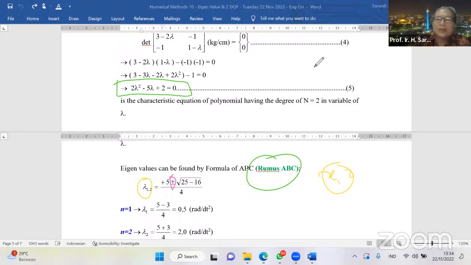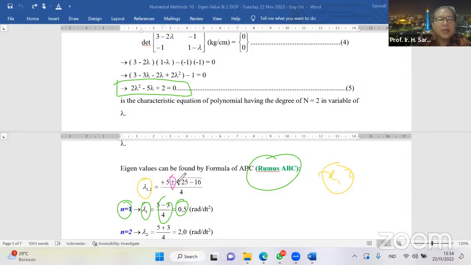In this case, the solution, if we call it lambda 1, is related to mode 1 of vibration. Using minus, we have 0.5.